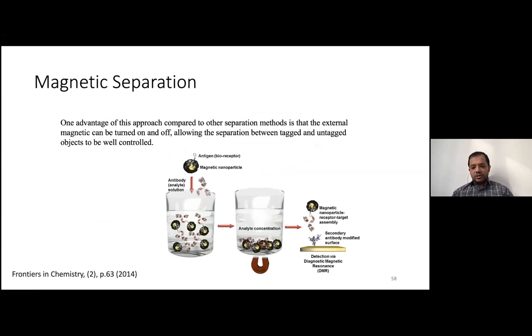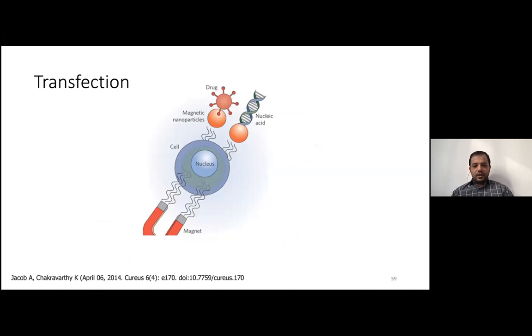Magnetic separation is another technique. You have magnetic materials that are linked to some sort of ligand or receptor, and then you can pull whatever is attached to them to a side with a magnet. Transfection is another technique.